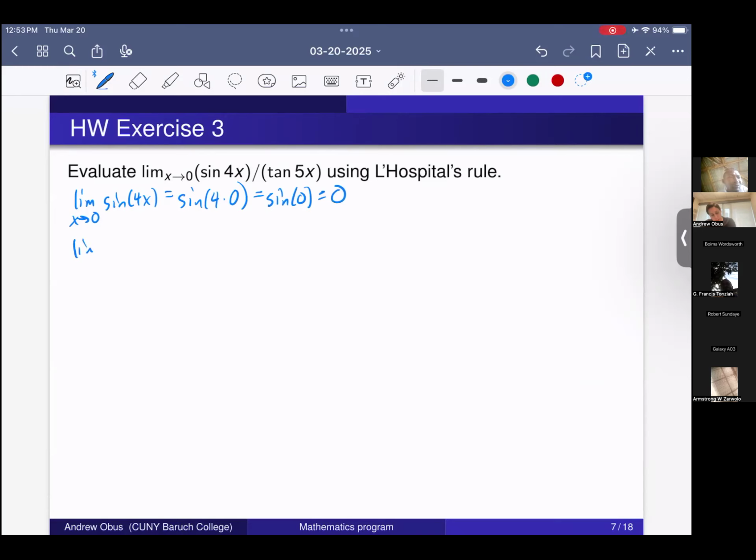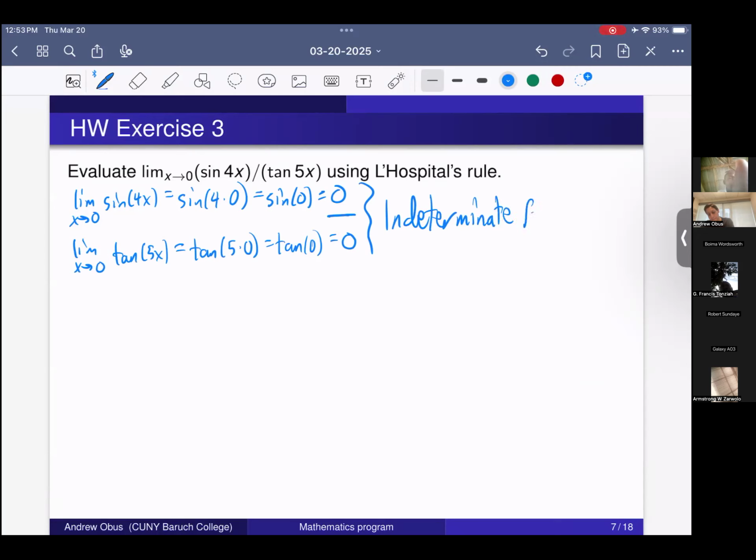Similarly, the limit as x approaches 0 of tangent of 5x is tangent of 5 times 0. It's also continuous at 0, and this is tangent of 0, and that's also 0. So we get this 0 over 0, which is an indeterminate form.